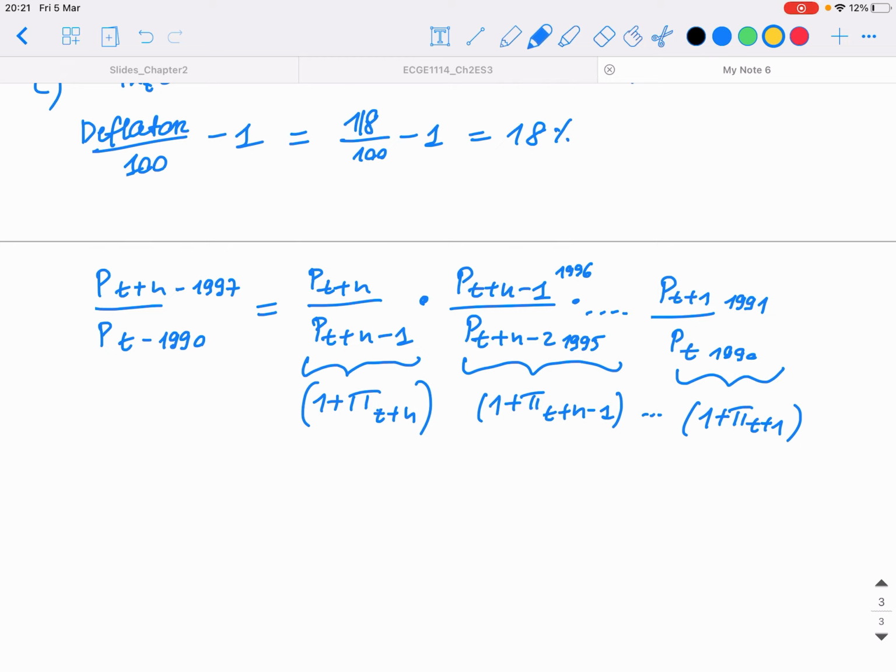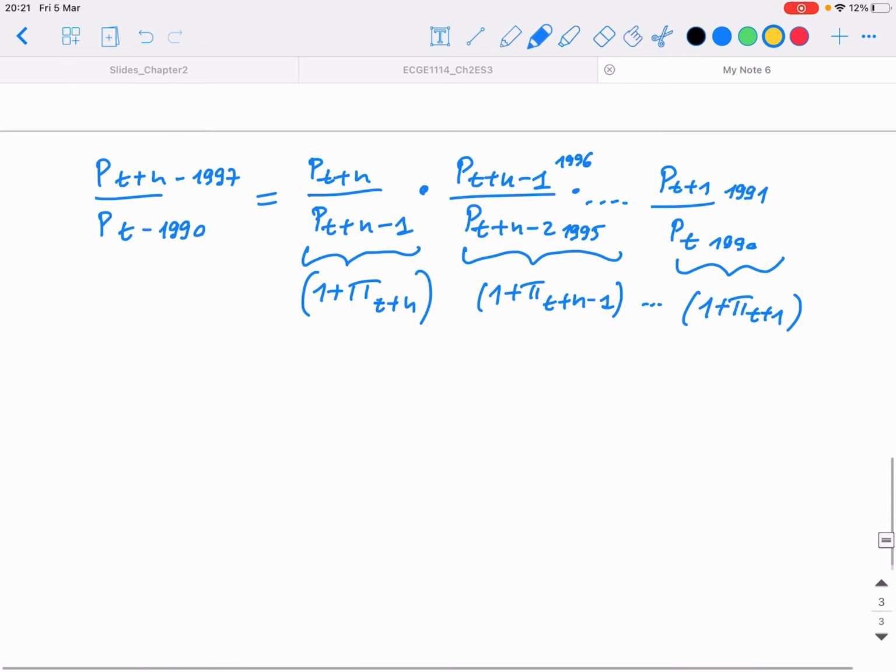Just to show the idea, we can assume that this inflation rate is the same in all years in this period of time. So between all the years we have the same inflation rate of some constant p.